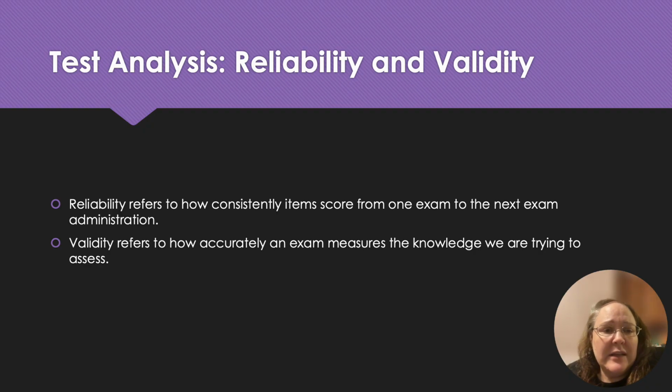When we're talking about validity, we're referring to how accurately an exam measures the knowledge that we're trying to assess. So if we're considering that weight scale example again, it's how likely the scale will accurately measure any weight. So validity types include content validity, which is the extent the test reflects content domain, construct validity, which asks the question, does the test reflect the construct of clinical decision making, for example, and criterion validity, which is based on behavior, attitude, or knowledge that is preset, not comparing individuals to each other.